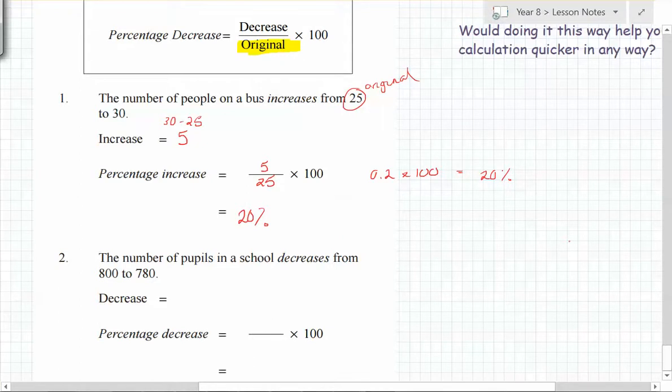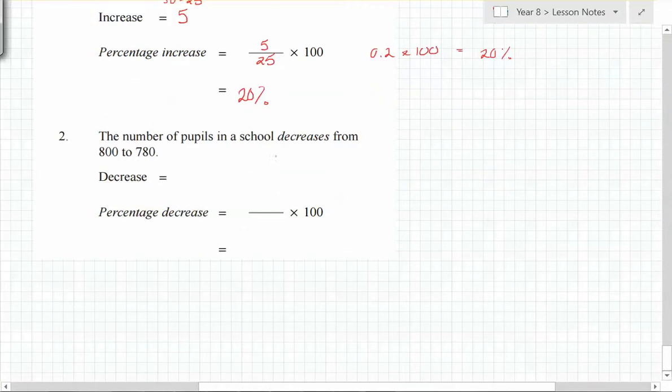Okay, cool. If we do the next one, so decrease, right? So this thing decreases from 800 to 780. The decrease is here, 20. Therefore, we do 20 divided by the original, which is 800. Okay, which gives you 0.025.